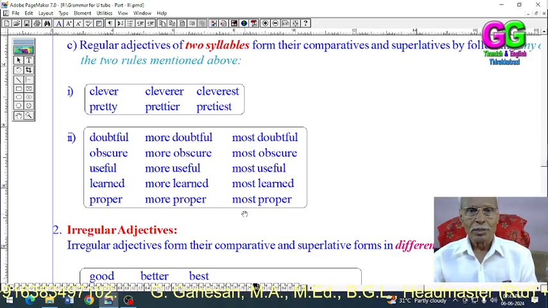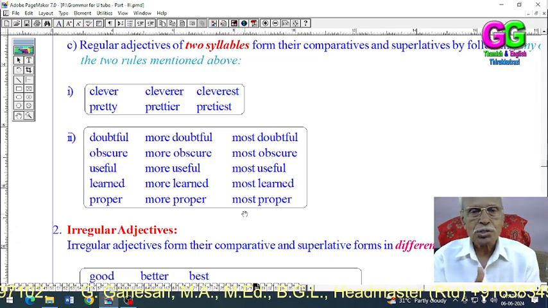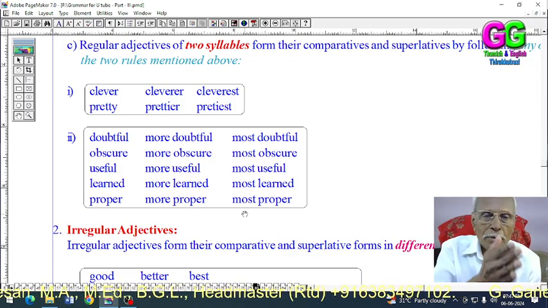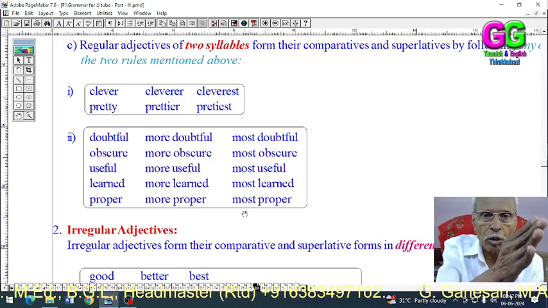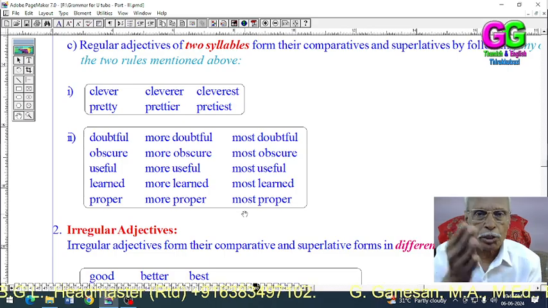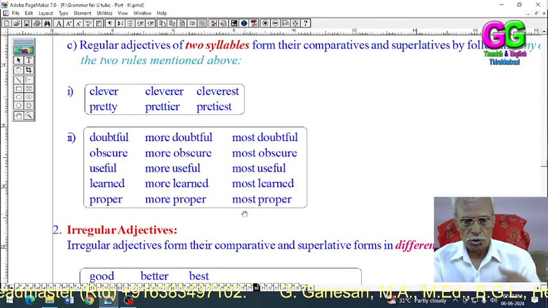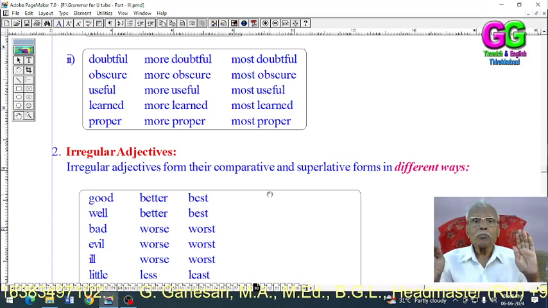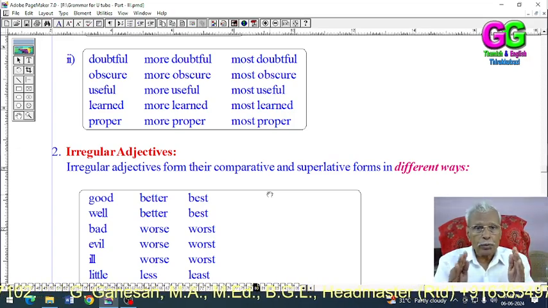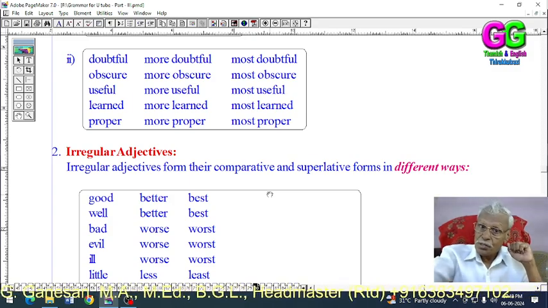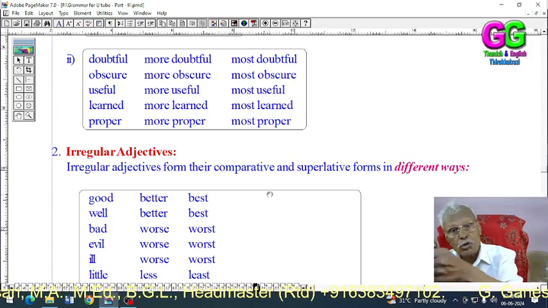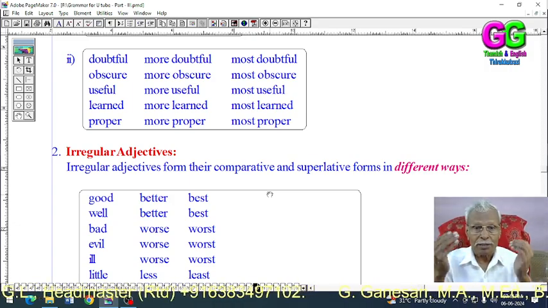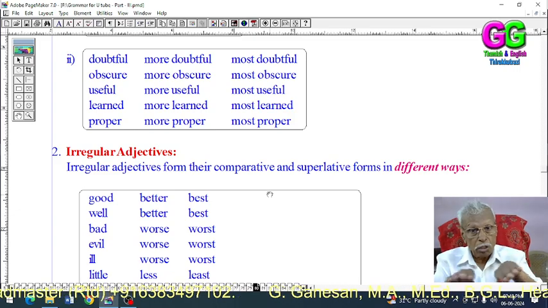Bisyllabic adjectives form their comparative and superlative either by following monosyllabic rules or polysyllabic rules. Then irregular adjectives form their comparative and superlative forms in irregular ways, just as irregular verbs form their past tense and past participle irregularly.